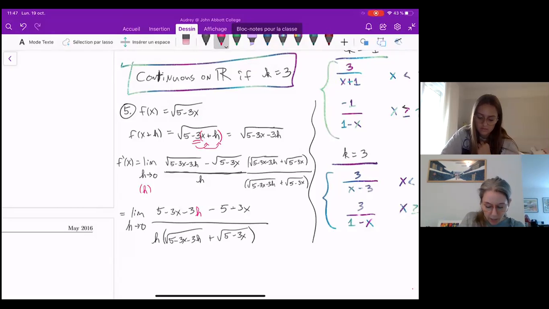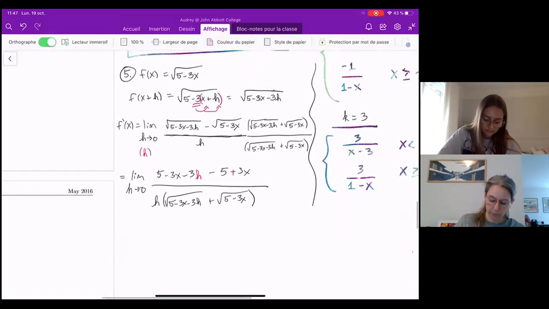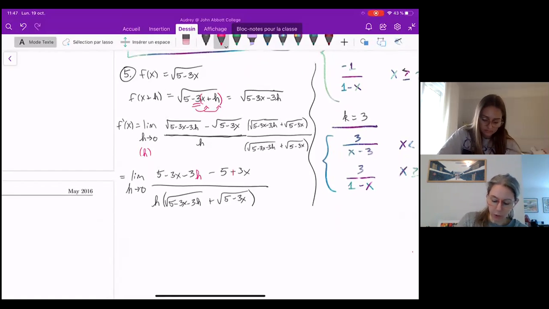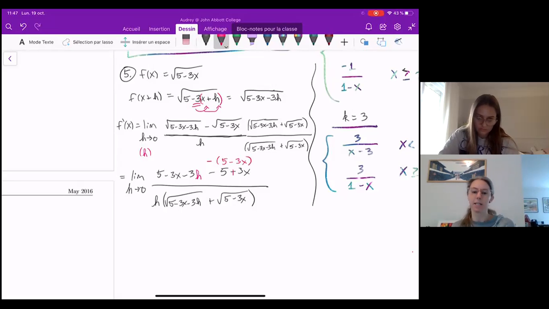That minus 3x should be a plus 3x, because that minus is getting distributed to everything inside the square root. So we could also have done this in 2 steps and just said minus 5 minus 3x and put the 5 minus 3x in parentheses.